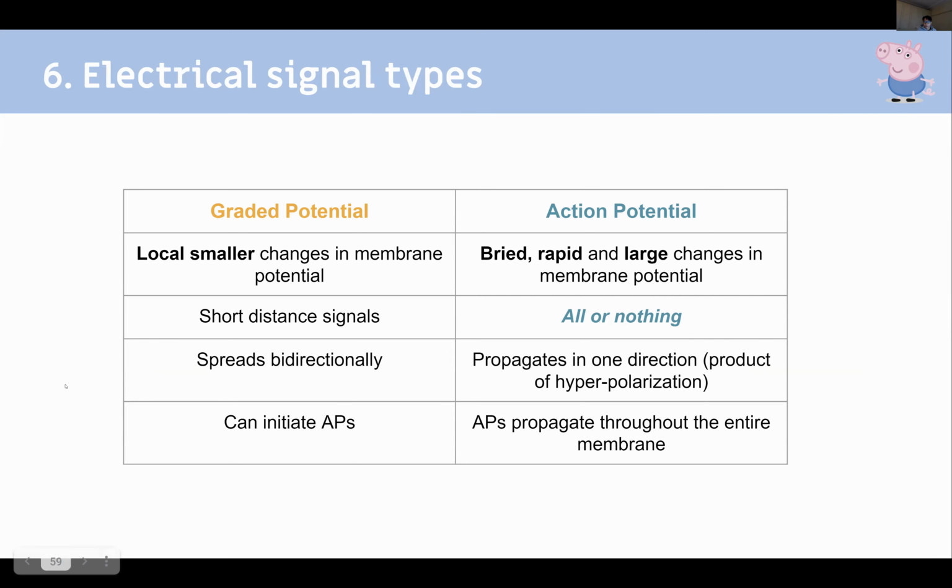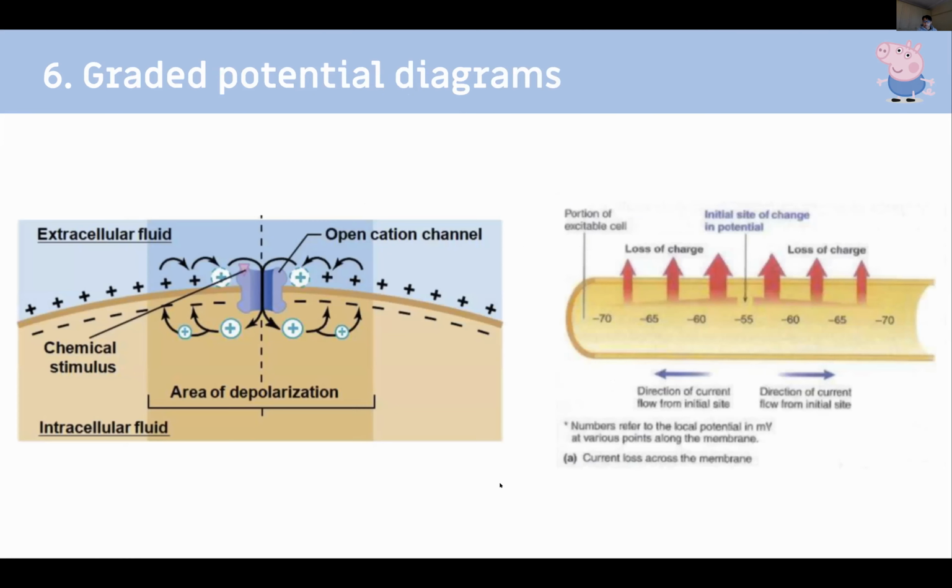Graded potentials spread bidirectionally, whereas action potentials only propagate in one direction, and that's due to the refractory period. And graded potentials are actually how action potentials can be initiated, and action potentials propagate throughout the entire membrane.